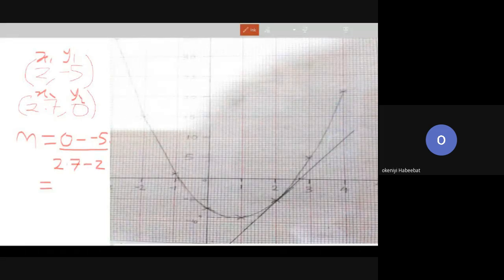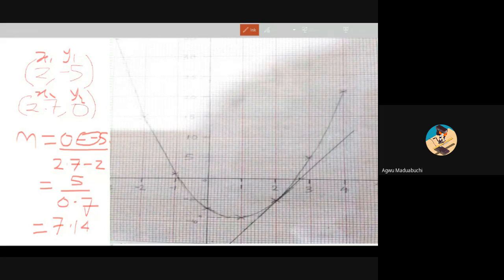So if I do this, minus minus becomes positive, so I have 5 divided by 0.7. So if I divide this, what will I have? What will 5 divided by 0.7 give me? 7.14. Okay, so I have 7.14. So that is the value from the curve.